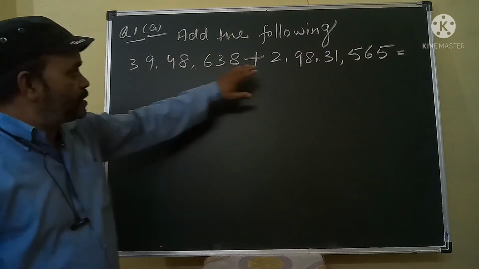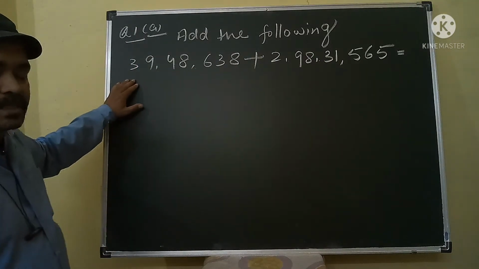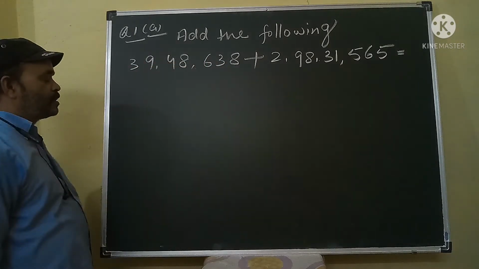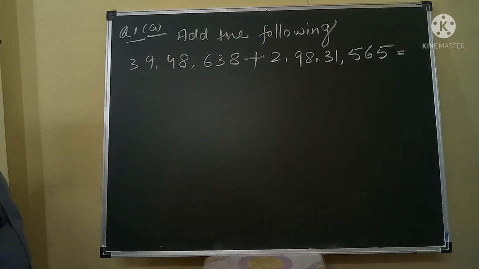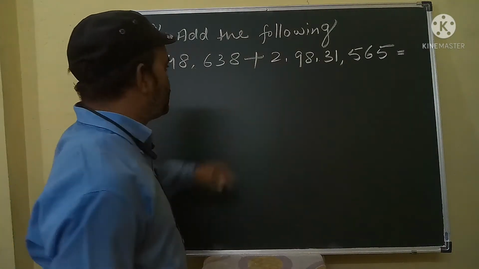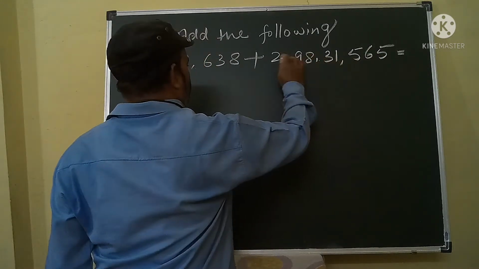This is the first number, this is the second number. The first number is a 7 digit number: 1 2 3 4 5 6 7. The second number is an 8 digit number: 1 2 3 4 5 6 7 8.